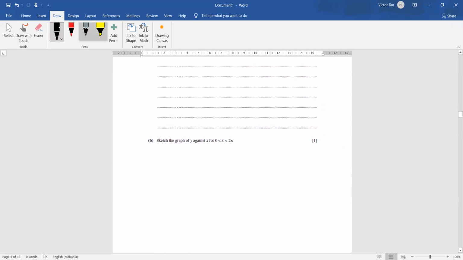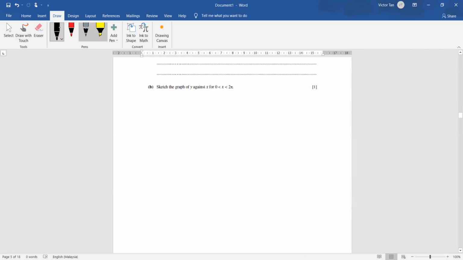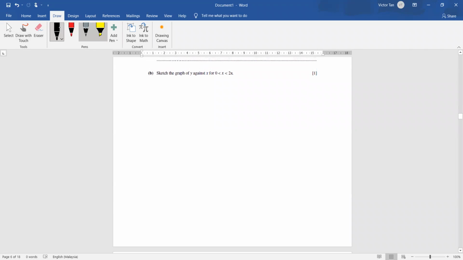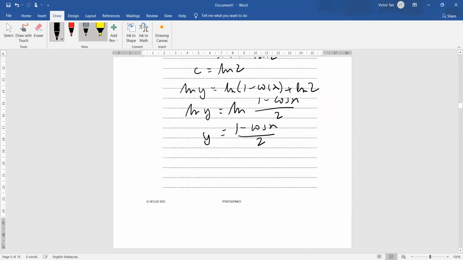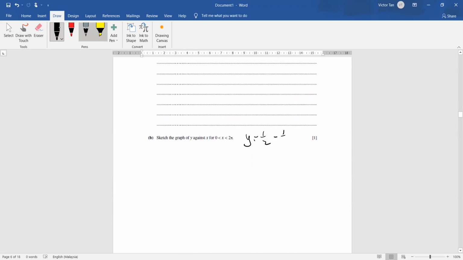Sketch the graph of y against x for 0 to 2 pi. So this equation will be y equals half minus half cos x. So a minus cos x graph will be a reflection on the horizontal x-axis of a cosine graph.